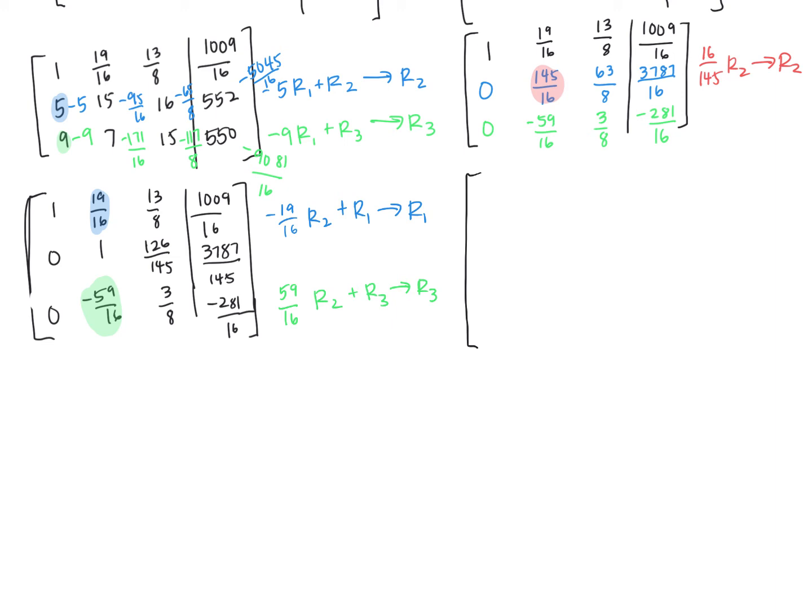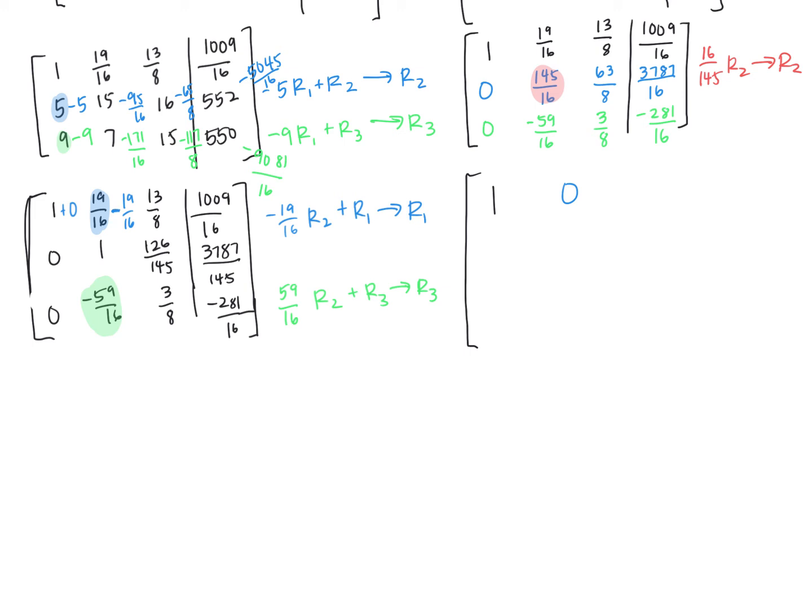Okay, so the first row is going to be changing. So negative 19/16 times 0 is still 0. Add it to the top, we'll get 1. Negative 19/16 times 1 will be negative 19/16. Negative 19/16. We add those together, we get 0.